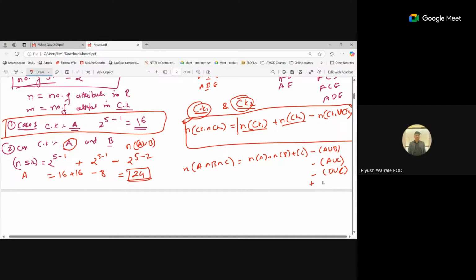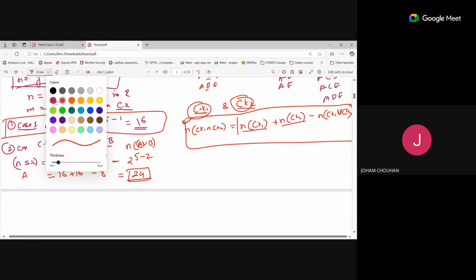You can apply this formula for three combinations, but this will be complex. We are not going to ask this much, so up to two candidate keys only you can expect. Otherwise, that will be a mathematical question.